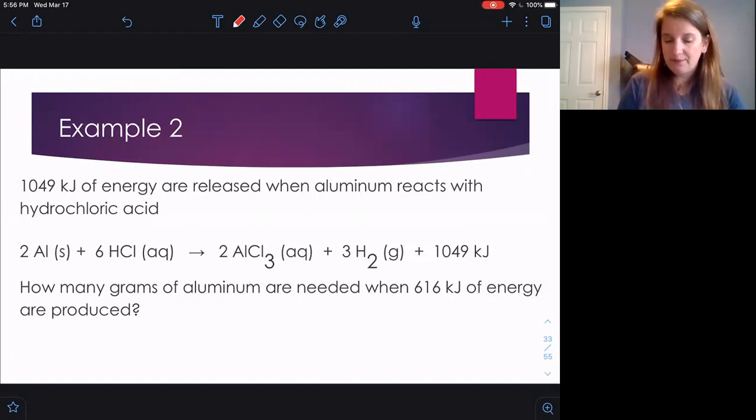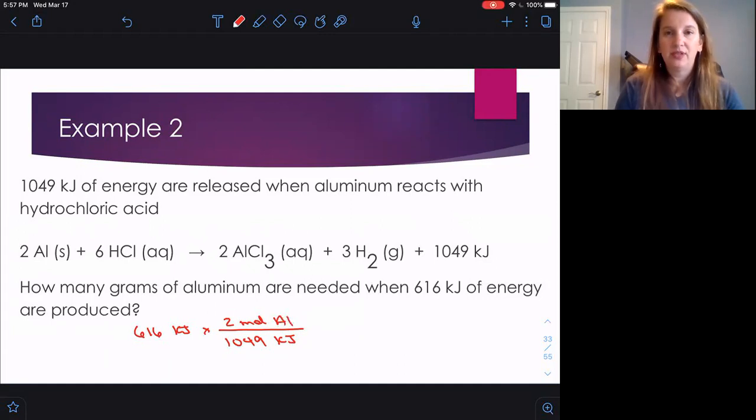So we start with our given, 616 kilojoules of energy. We put our energy from our reaction down here at the bottom, so 1,049 kilojoules of energy. We're trying to go to aluminum, so we use the coefficient of the aluminum up here, because our reaction tells us that 2 moles of aluminum produces 1,049 kilojoules of energy.